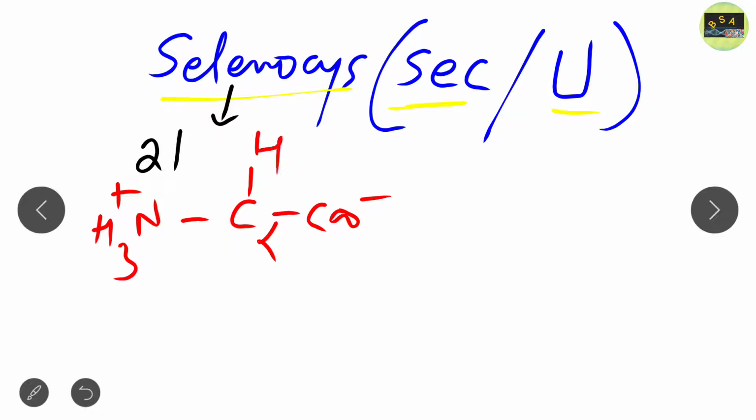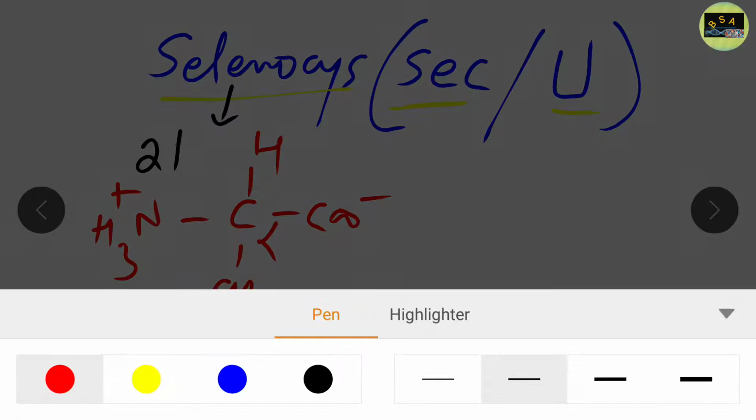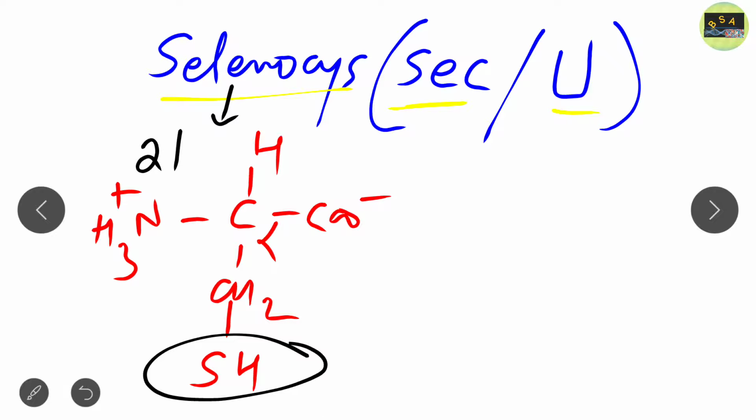These three are common in every amino acid. In case of cysteine, a sulfhydryl group is present, that is, sulfur is present. That's why cysteine is considered a sulfur-containing amino acid, along with methionine. So this is the structure of cysteine.